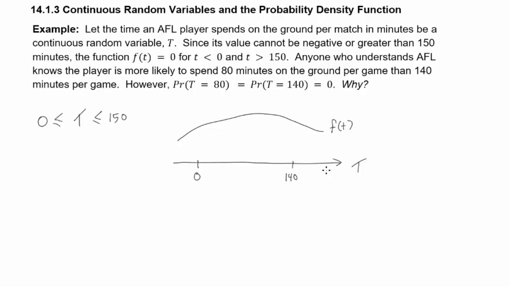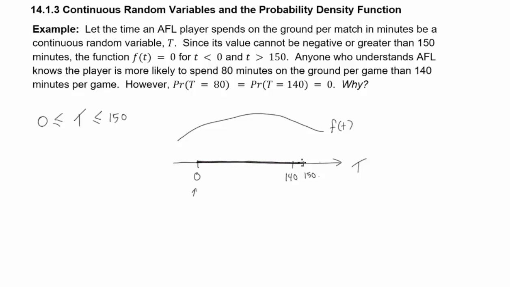If we consider the possible times that a player can be on the field during an AFL match, starting from 0 and going to, say, 150. Put 150 here. And I make the number line very dark between 0 and 150.